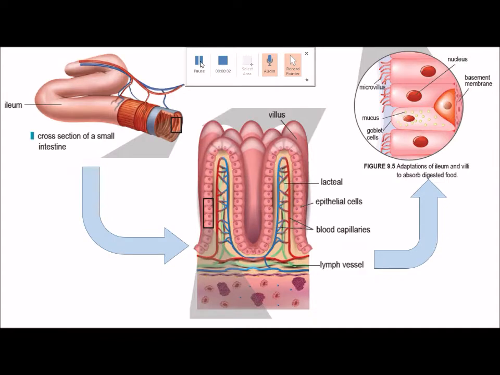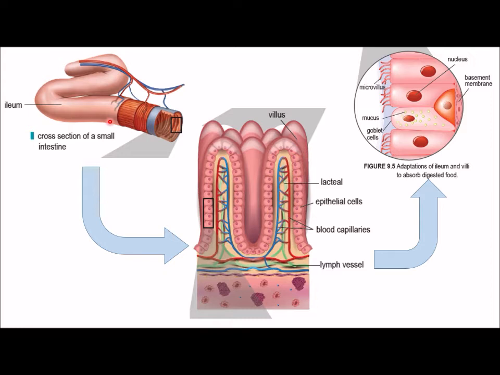The organ involved in absorption of nutrient is the ileum or small intestine. If you look at this, this is the small intestine. Small intestine is like a long tube and folded, put into our abdominal cavity.